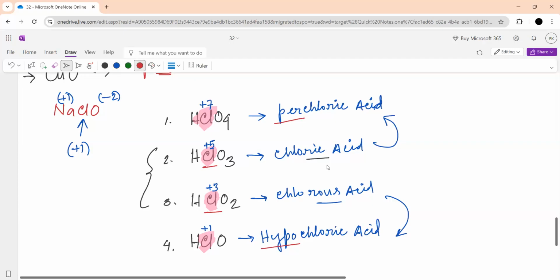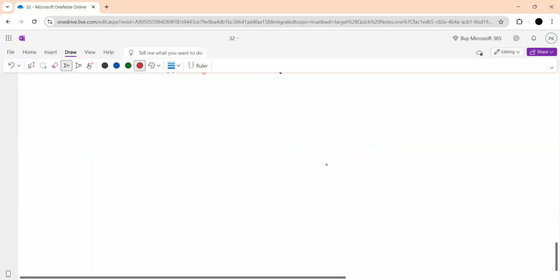Now, let's say we had this one. What do we call it? Acetic acid, right? Now, what is the property of an acid? The property of an acid is that it gives H plus. While giving H plus, acetic acid breaks in this way.